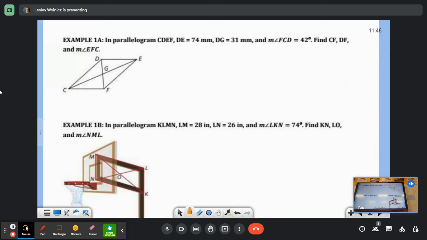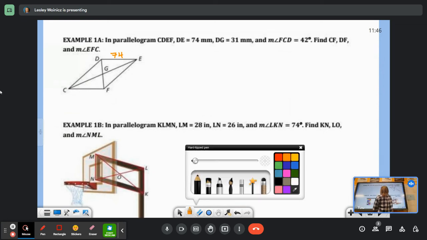Okay, in parallelogram CDEF, DE measures 74 millimeters. DG is 31 millimeters.